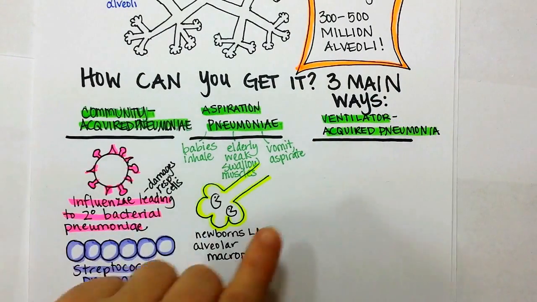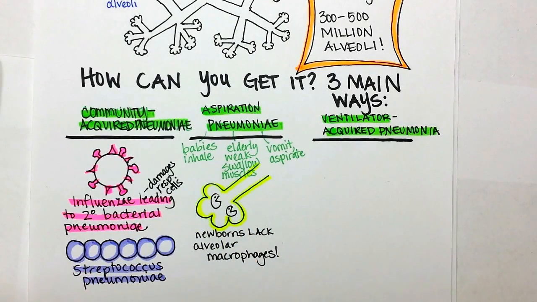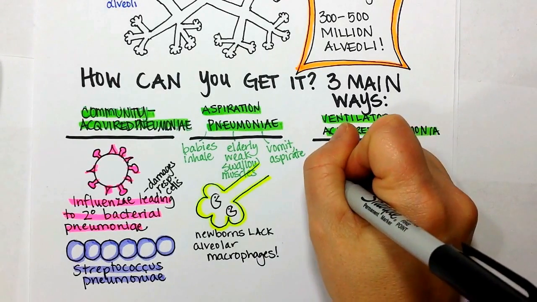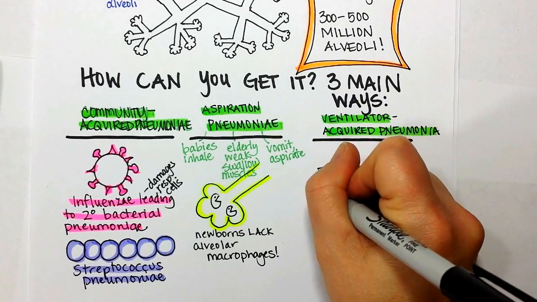This is when a patient is hooked up to a ventilator, and any kind of bacteria that are already in the hospital environment are able to get into the lungs of that patient more easily. Sadly, they are probably already more immunocompromised than a healthy patient, and so they are more likely to get this hospital-associated infection. I'm going to put some gram-negative rods here.